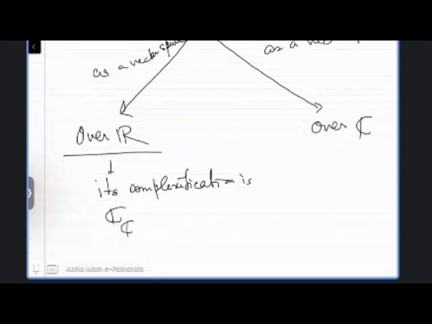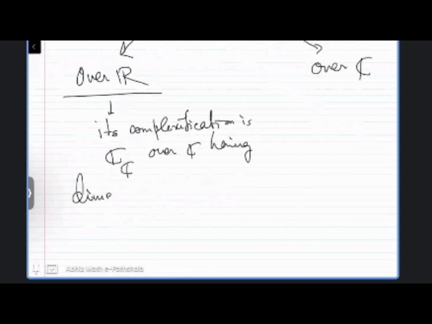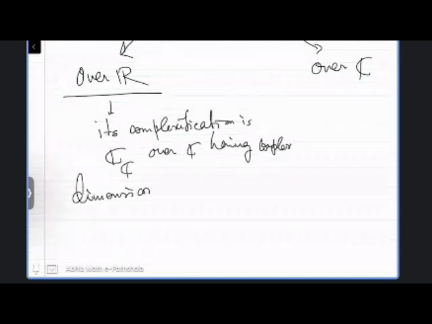C_C over C, having complex dimension 2. Okay. Now we are considering C as a vector space over C. Now what is that?